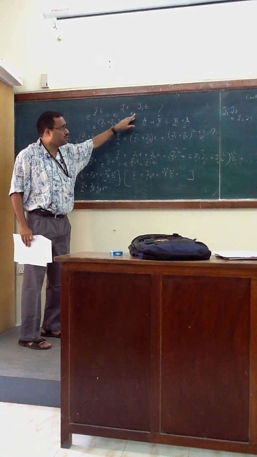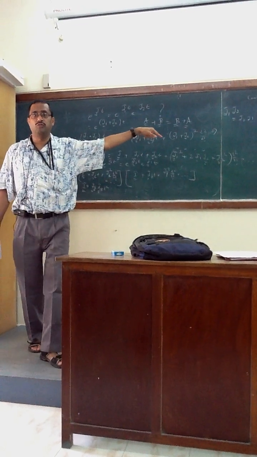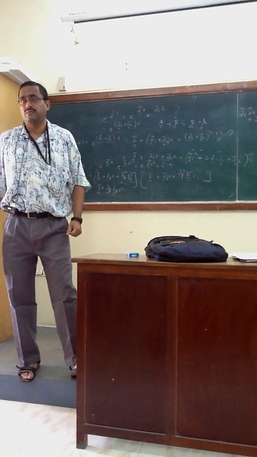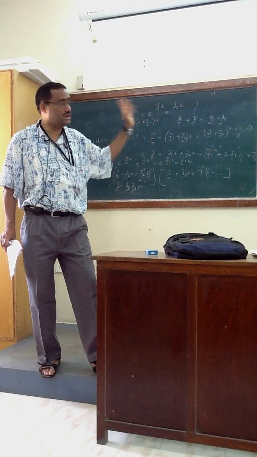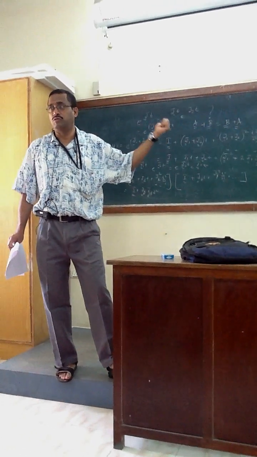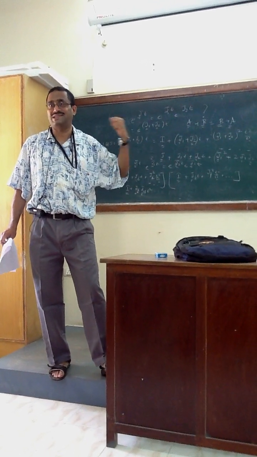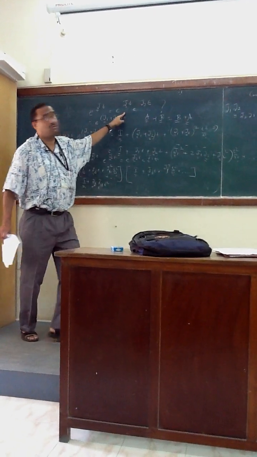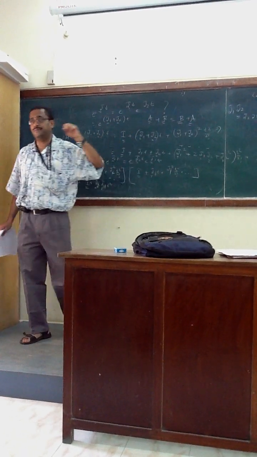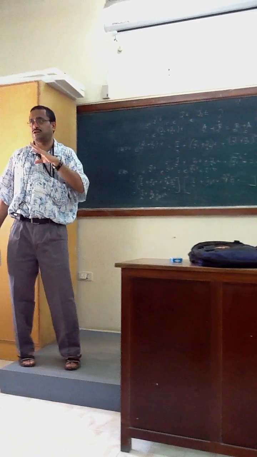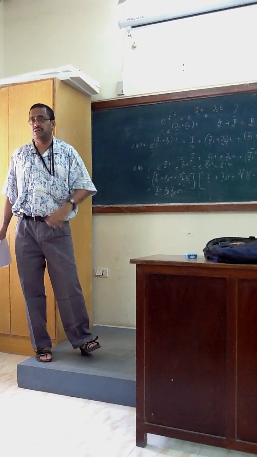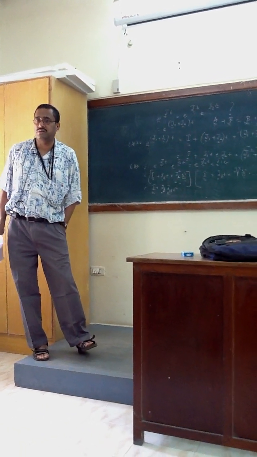If they don't commute, the method I devised will fail. This decomposition will not work if the multiplications involved in e to the power J1t and e to the power J2t, the multiplication of the matrices, are not commuting. Do you have any questions here?